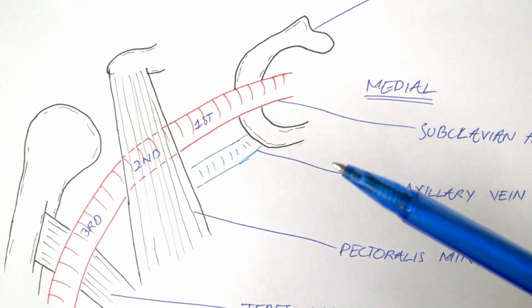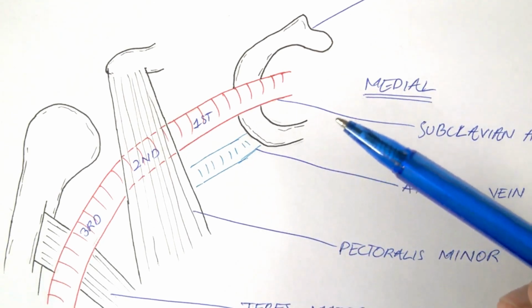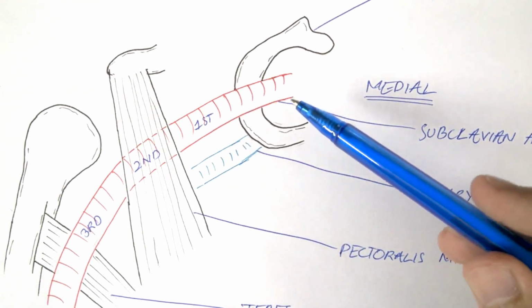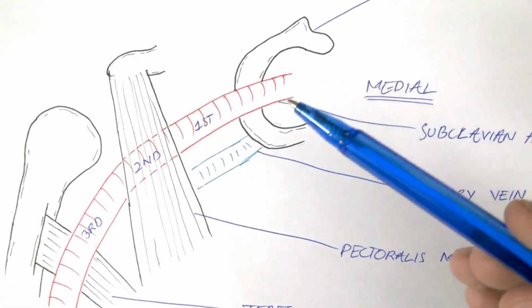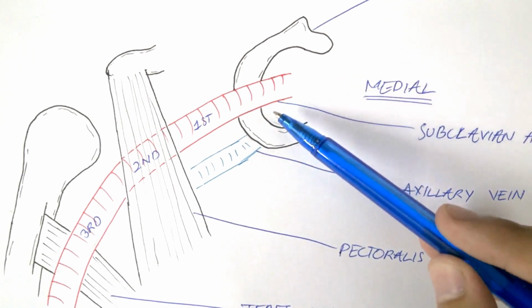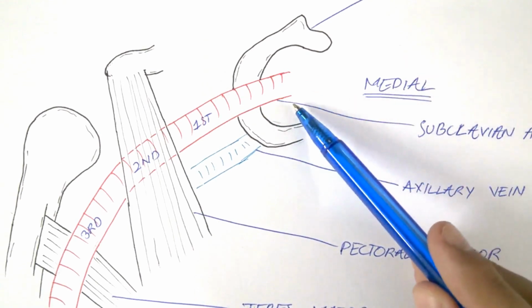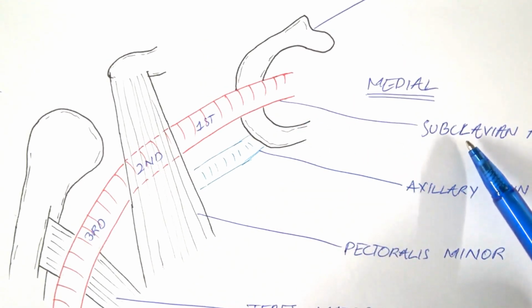Now let's look at how the axillary artery is. What is the axillary artery? The axillary artery is the continuation of the subclavian artery.